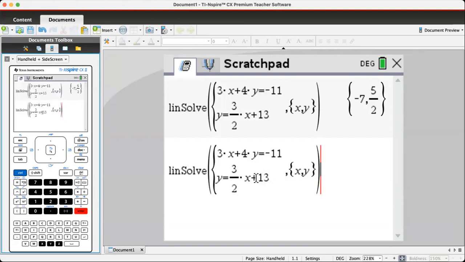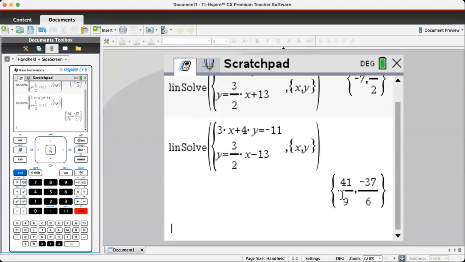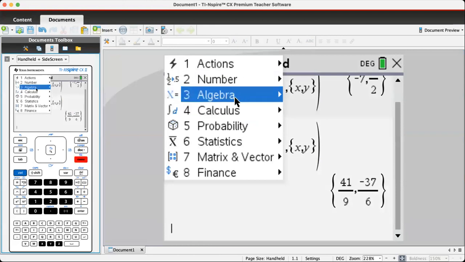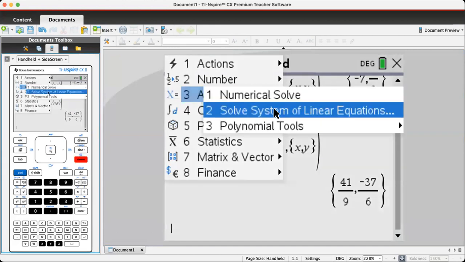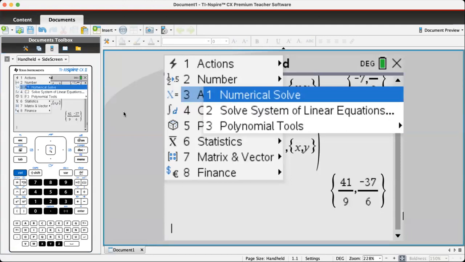And then you can say, no, I think I meant to type minus 13. And then you can just change it right there and then press enter. And now you get a different solution. Okay, so if you make any errors, you don't have to go back into menu and then back into algebra and then back into solving systems of linear equations. You just highlight and press enter, okay?